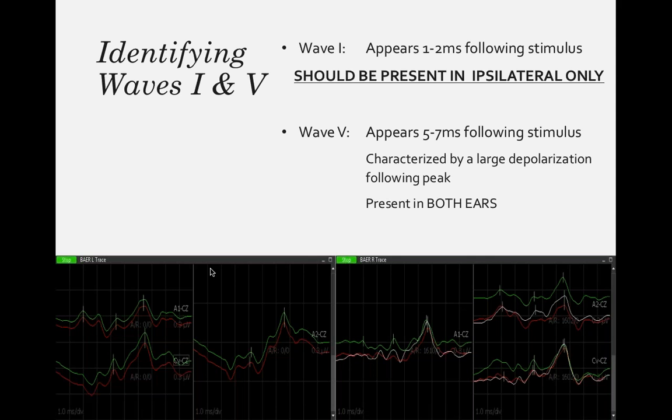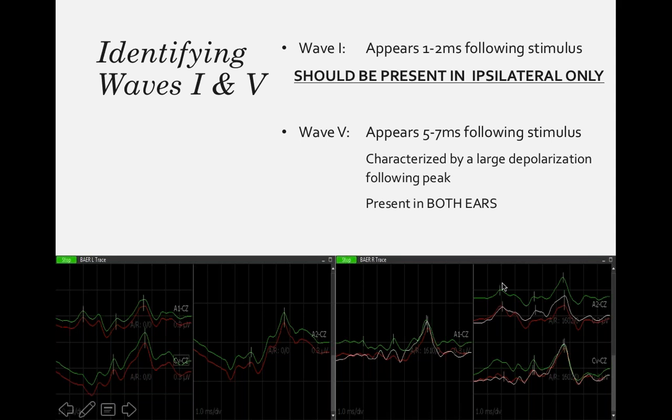So the first thing, once we have everything set up and we're starting to acquire our data, we need to identify waves 1 and 5. Now, wave 1 is present usually 1 to 2 milliseconds after the stimulus. So if we're looking at our grid here, assume the stimulus is all the way over here on the right, and 1 to 2 milliseconds, we see wave 1.